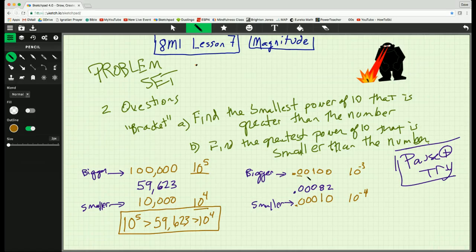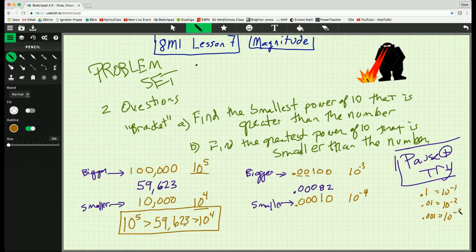Right, this is 2 zeros, and when I'm dealing with negatives, it's not negative 2, it's going to be negative 3, because that's what we do when we're on the right side of the decimal. Remember, 0.1 is 10 to the negative 1, so 0.01 is 10 to the negative 2, and 0.001 is 10 to the negative 3.